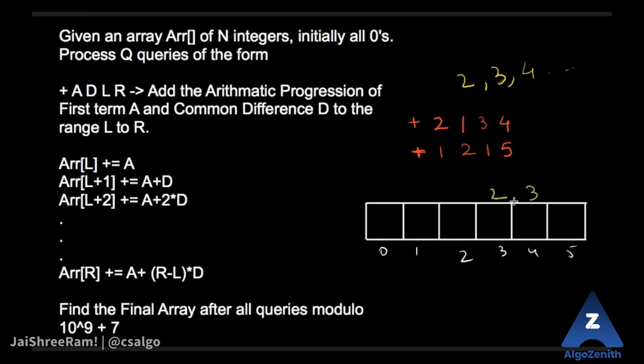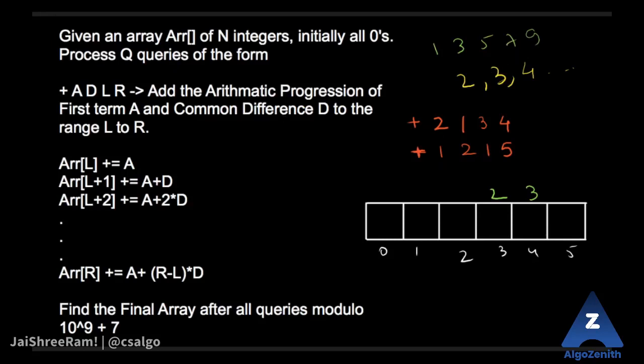So the first two terms get added and you get a contribution of 2, 3 in these two cells. Next we have plus 1 2 1 5, so it gets added to the range 1 to 5, with starting value 1 and common difference 2. So you have 1 3 5 7 9, and so on. You need to add the first 5 values in the range 1 to 5.